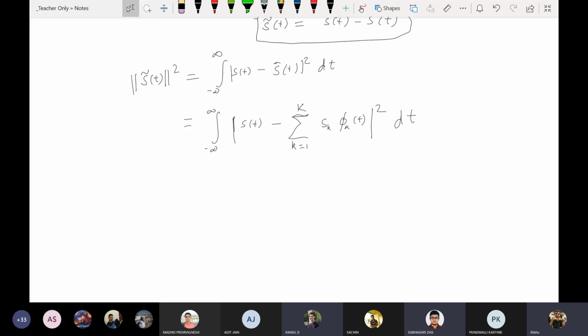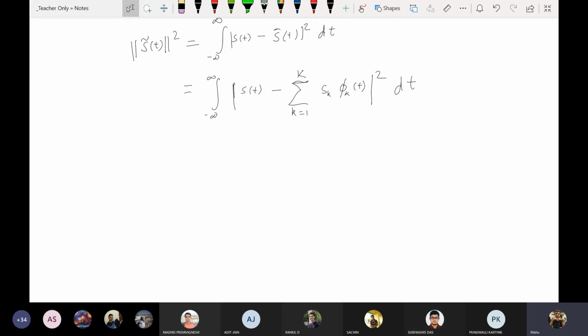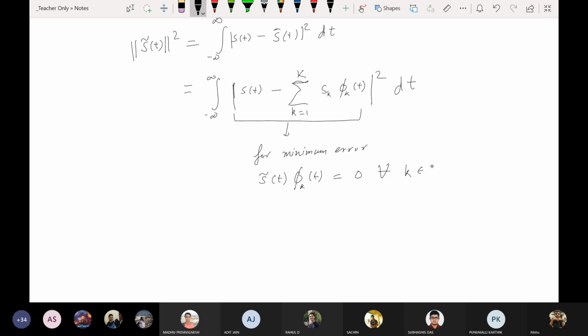Yes. Directly invoking the principle of orthogonality means that for minimum error, the error term s tilde(t) and phi_k(t) should be orthogonal for all k.